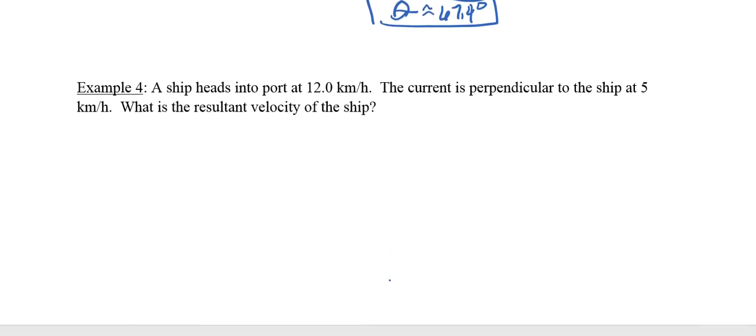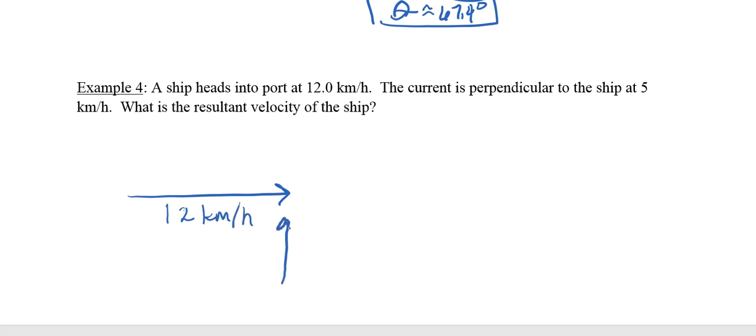Okay, let's do one example of a word problem. A ship heads into port at 12 kilometers per hour. The current is perpendicular to the ship at 5 kilometers per hour. What is the resultant vector of the ship? So I have one vector, and it doesn't matter which direction it's saying right now. We just know that this is 12 kilometers per hour.